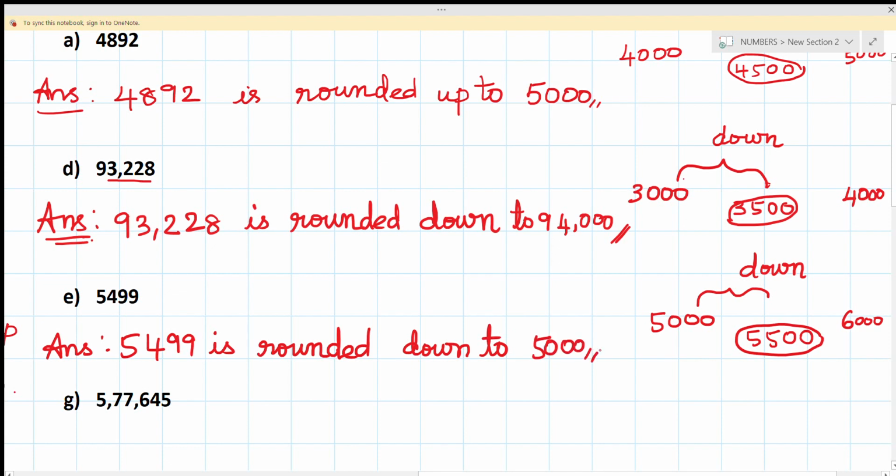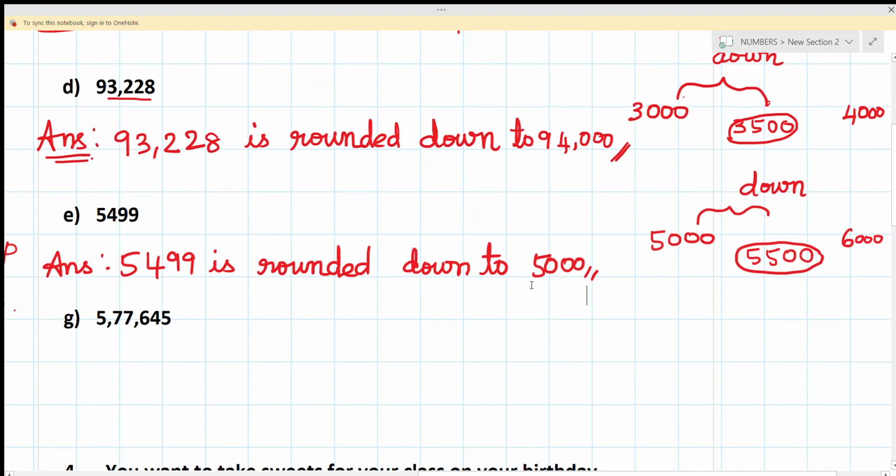Now we'll move to the next number. It is 5,77,645. So here 6 digits are given, but now we have to take only the 4 digits as we are going to find the nearest 1000. So we'll find out the multiples first. That is 7,000 and 8,000.